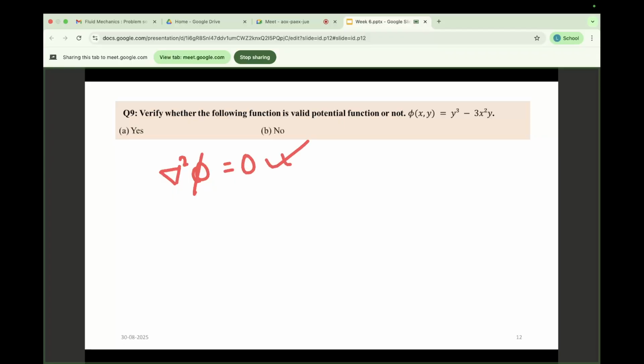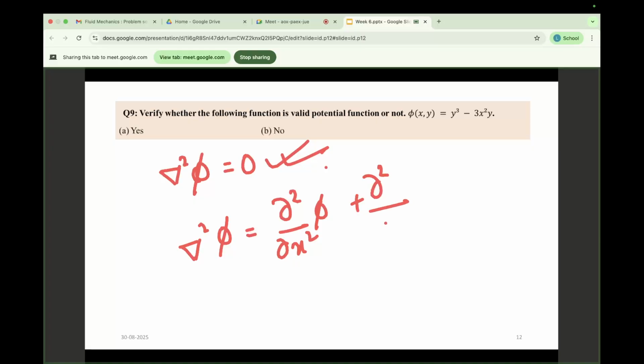So how to check this thing? What exactly does this represent? This represents its double derivative with respect to x plus double derivative with respect to y.